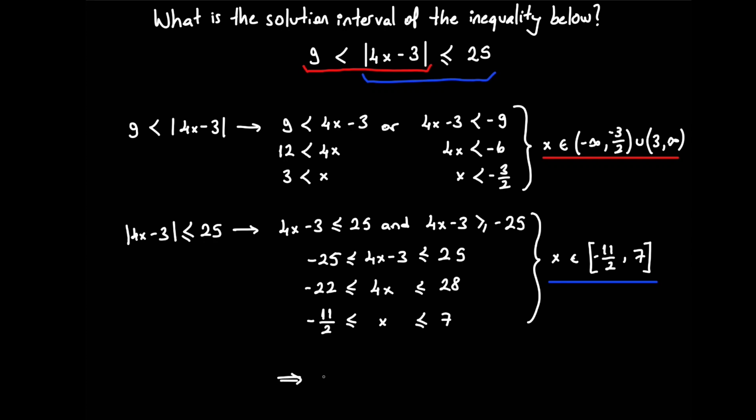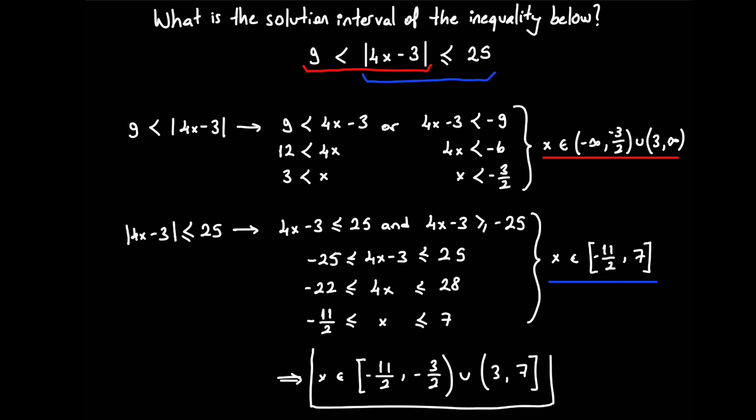So we see that x can be any value between minus 11 over 2 up to minus 3 over 2, unified with 3 up to 7. And this gives us the answer for this question.